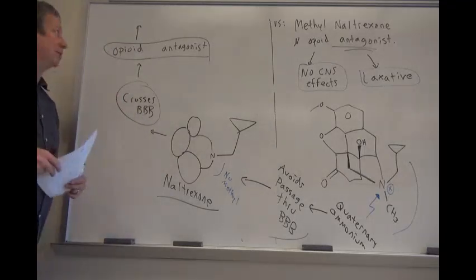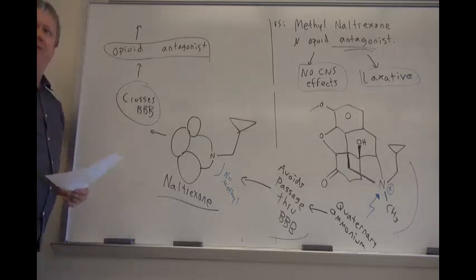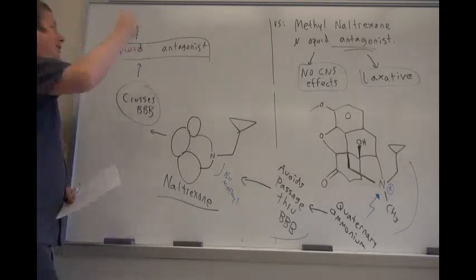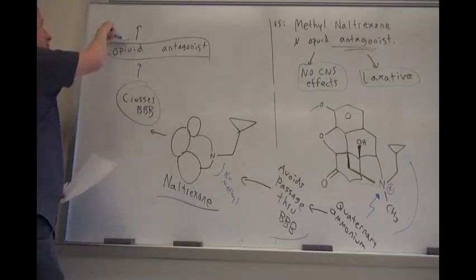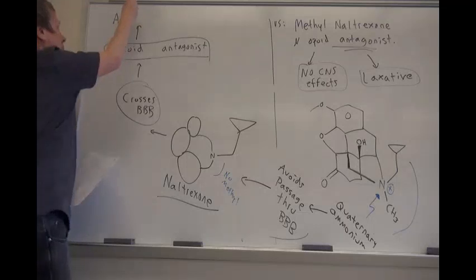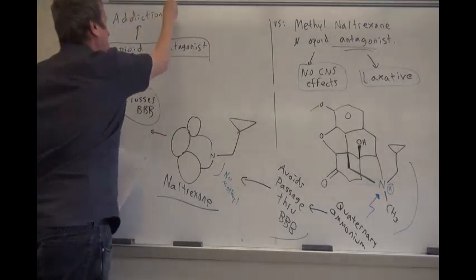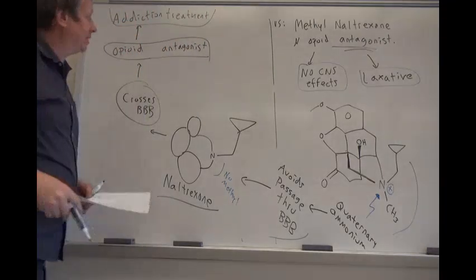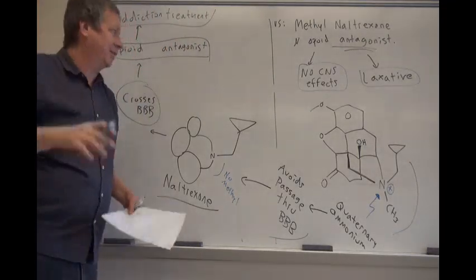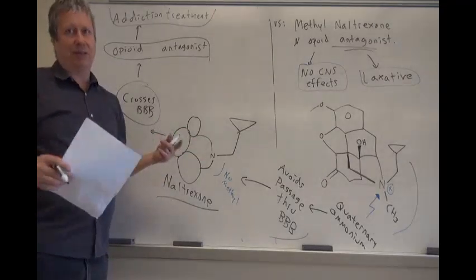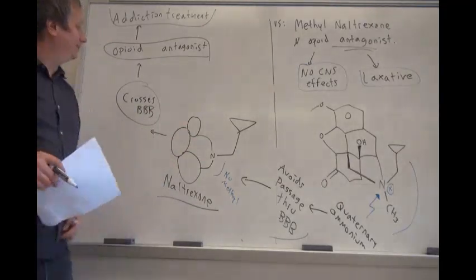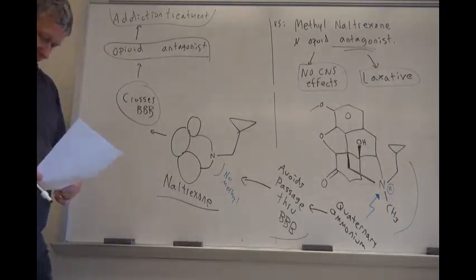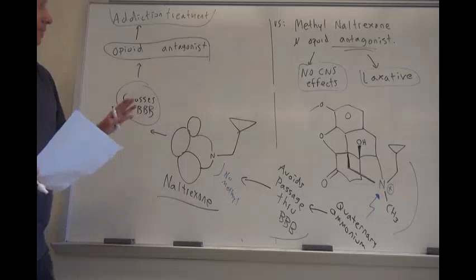So what kind of pharmacological effect is it going to have? It's used in the treatment of opioid addiction. That makes sense, since it counteracts the effect of opioid agonists. You have this opposite effect, and that is how naltrexone works. And it crosses the blood-brain barrier.